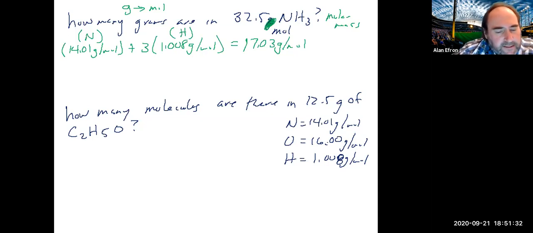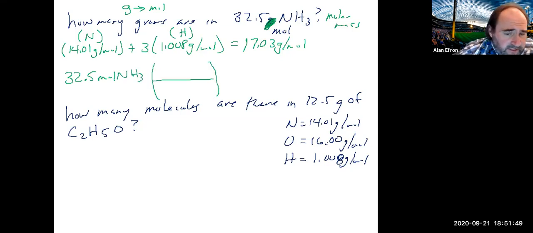Remember, we're really just going to use the molar mass as a conversion factor. In this particular case, we are starting with moles, so 32.5 moles of NH3. Thinking about it in a conversion factor sense, we have moles on top, so we want the moles to cancel.